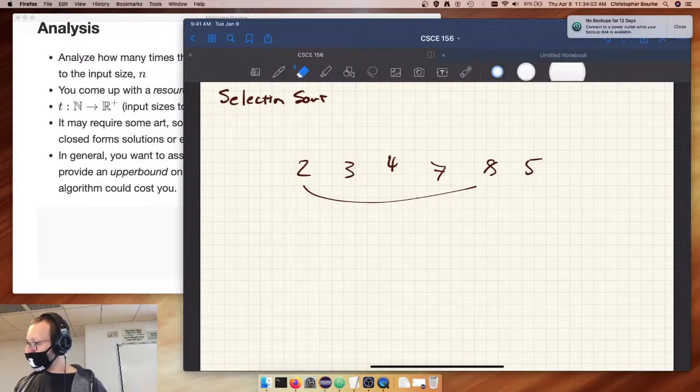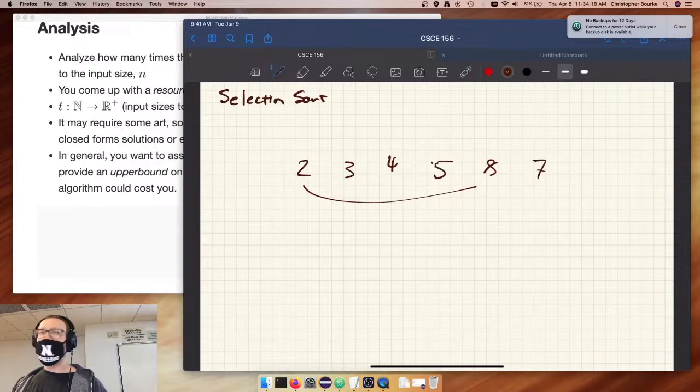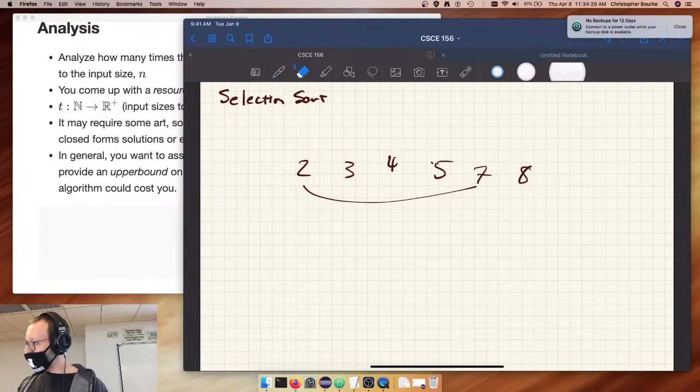Then we go through the rest of it. 4 ends up being our minimum. We swap it with itself, and it stays right there. We go through another time, 7, 8, and 5. We find that 5 is our minimum, and we end up swapping 7 and 5. And then the last iteration, we end up swapping 7 and 8. And now it's sorted, right? That's selection sort. That's how it works.